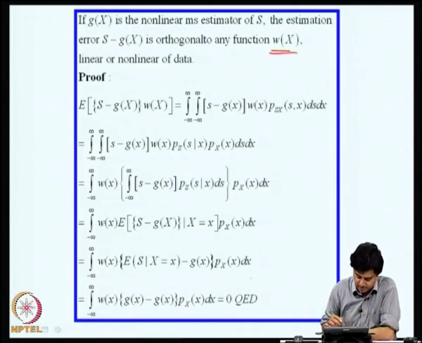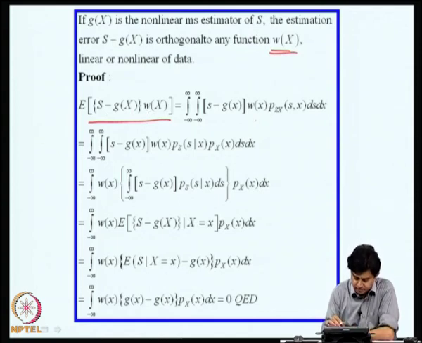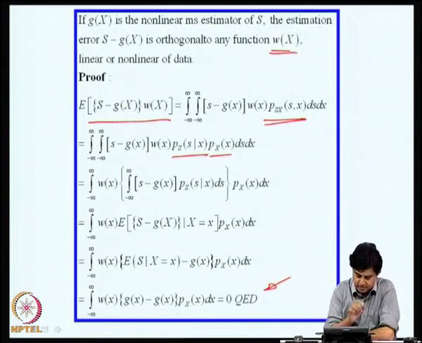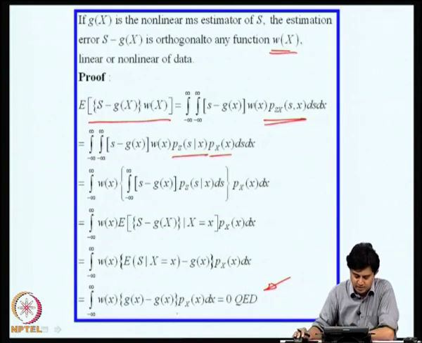So the proof I have developed here again follows the same logic that we have used so far. We write the expression for the expected value of S minus g of x into the function of this data, and rewrite this joint density function in terms of the product of a conditional density and a marginal density, and again notice certain features of the response, and we reach the conclusion that S minus g of x is orthogonal to w of x.